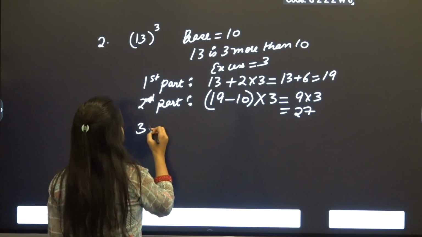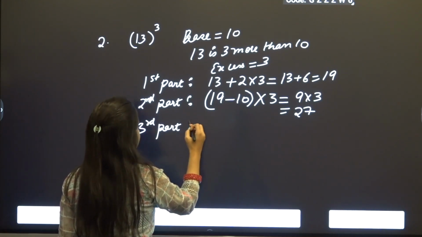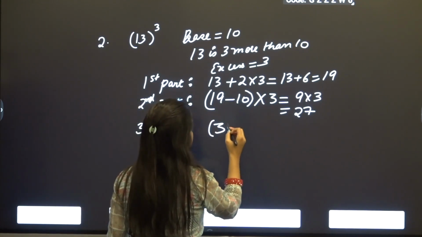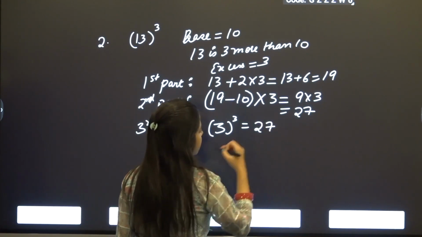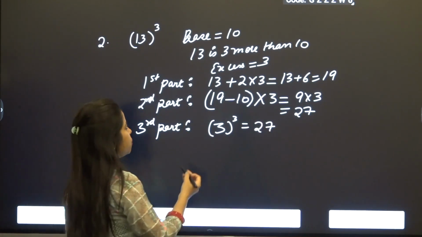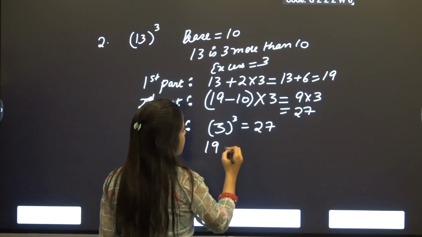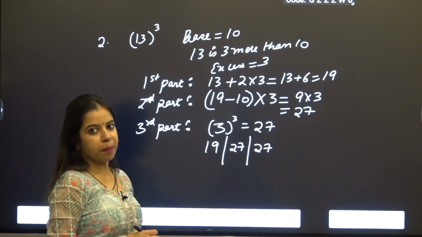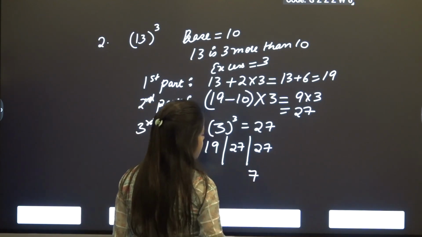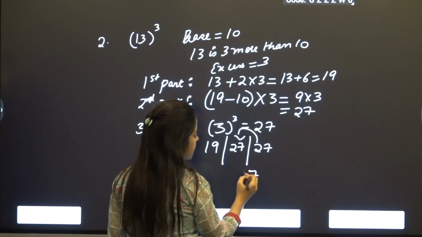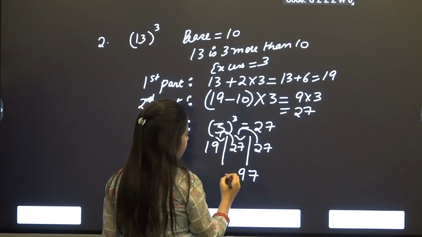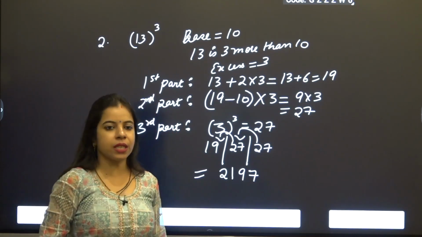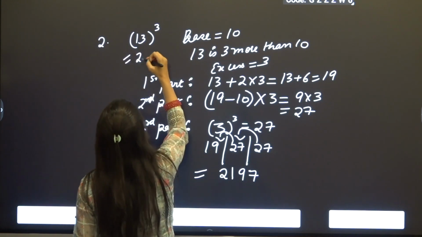For the third part, I am going to take the cube of the excess, which is 3 cube, 27. For the final answer, I am going to write all the parts. First part is 19, 27, 27. Now I apply the balancing rule. So 7 will come here as it is, 2 will be carried forward, 2 plus 7, 9. Again 2 will be carried forward and this will become 2197. So the cube of 13 is 2197.